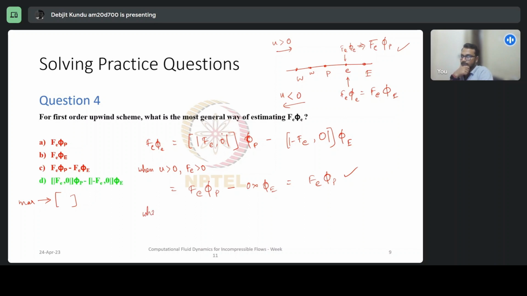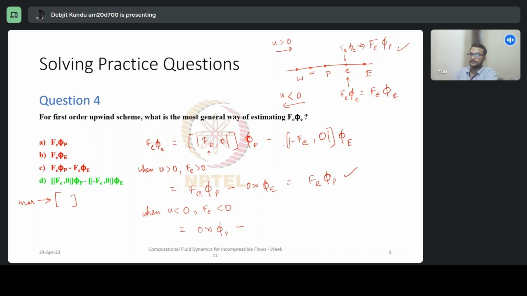Similarly, when u is less than 0 and Fe itself is also less than 0, for the first term Fe is negative, so the maximum over here would be 0, so it would be 0 into phi P. Minus, since Fe itself is negative, minus Fe would be positive and greater than 0.